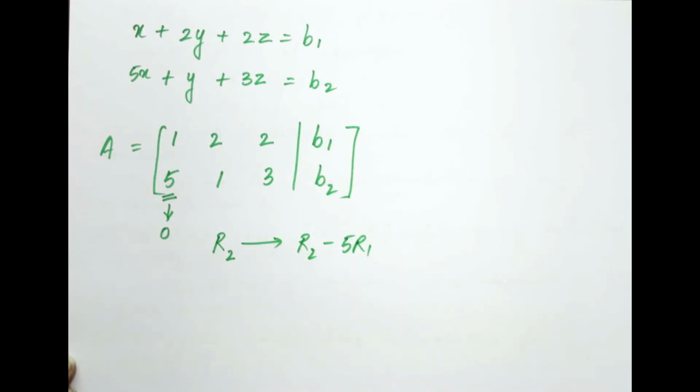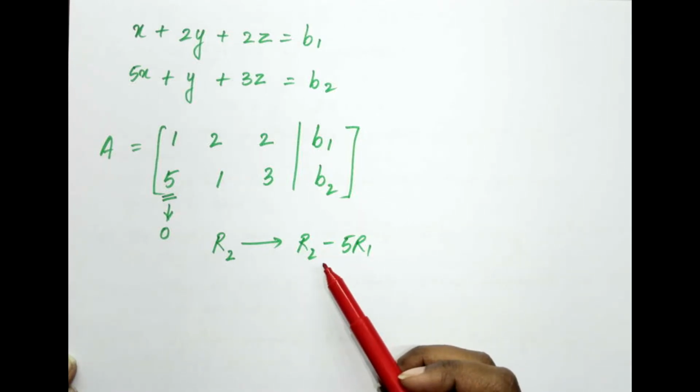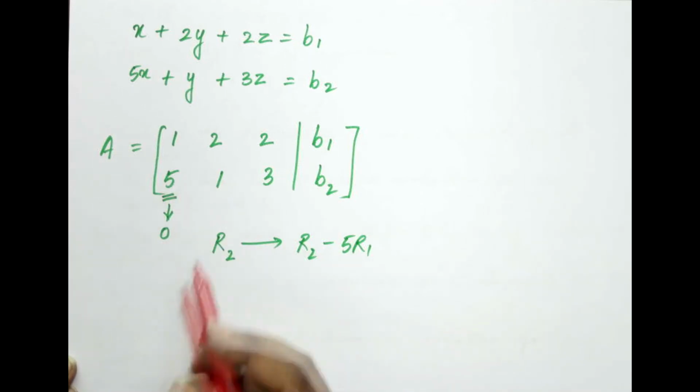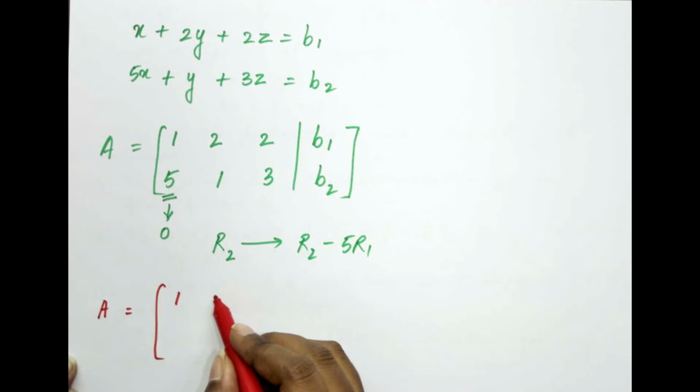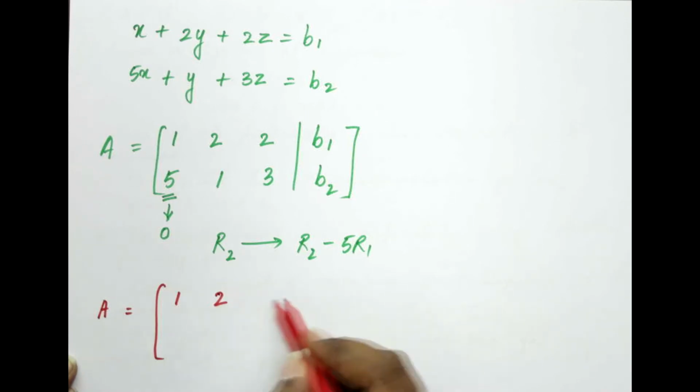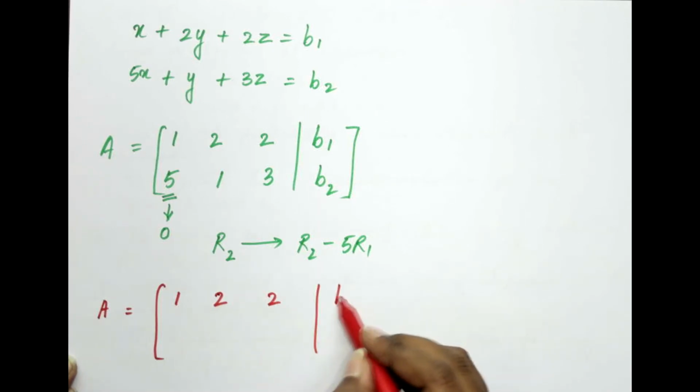Let's solve this. What do we get? R2 minus 5R1. First I'll write down R1 as it is: 1, 2, 2, and b1.